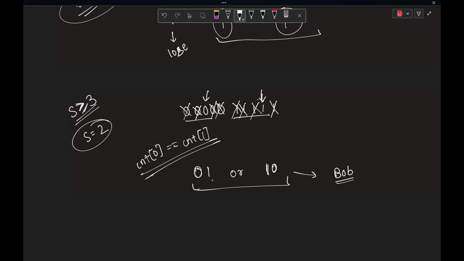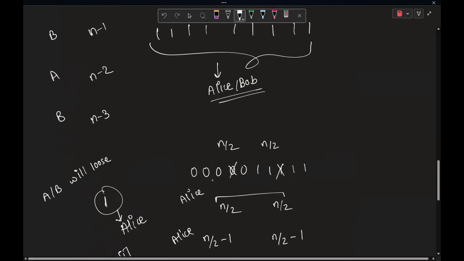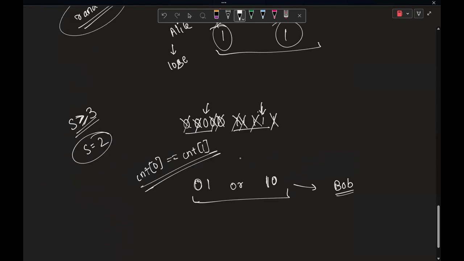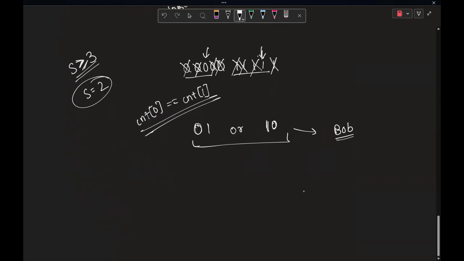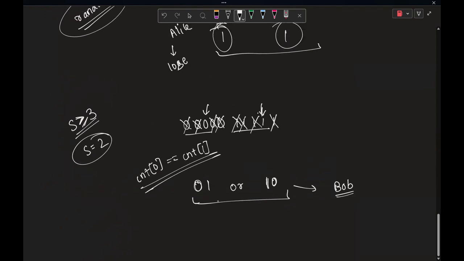I think the only thing which might not have been intuitive for you people is why we are assuming that there is an equality, that Alice and Bob are popping out the opposite elements. Bob can do it to make sure that at last the remaining string would be either 1 0 or 0 1.